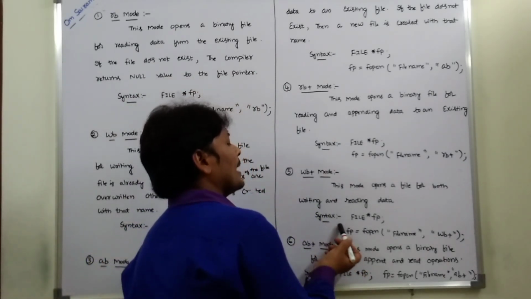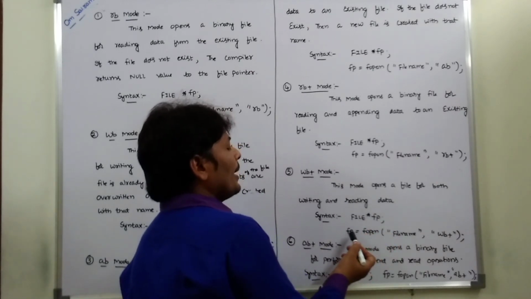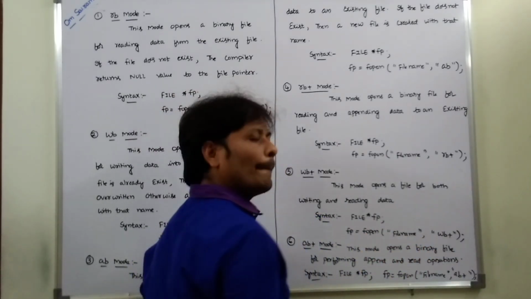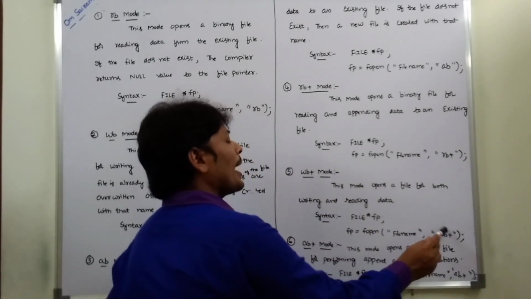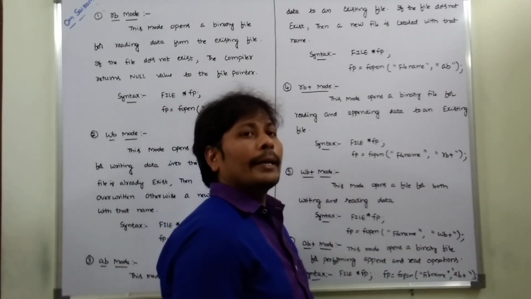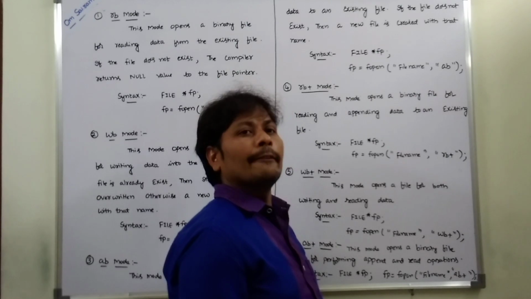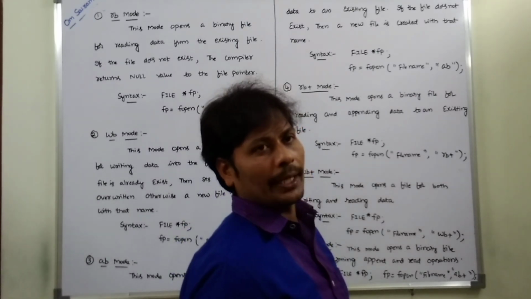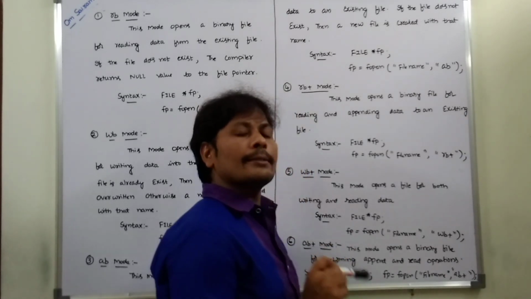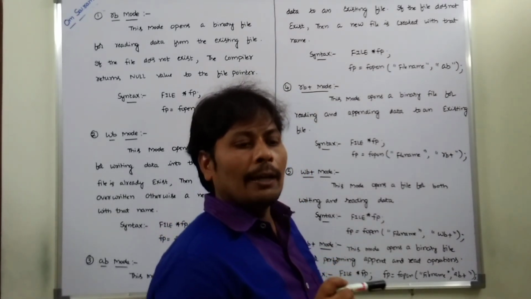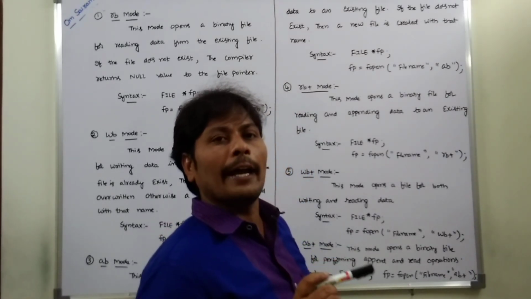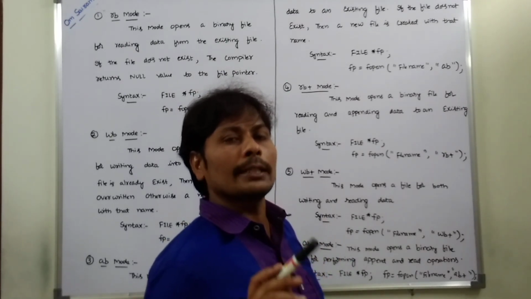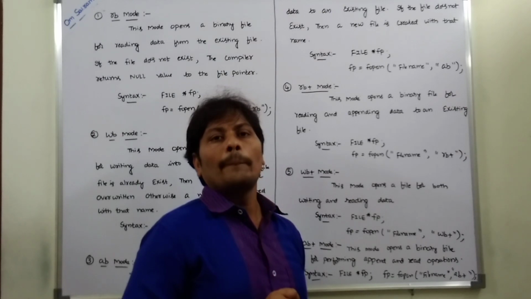The syntax is file pointer fp, fp is equal to fopen file name wb plus. Here we open the given file for performing both writing and reading operations. If the file already exists, whatever the contents of the file, those contents are overwritten with the new data.